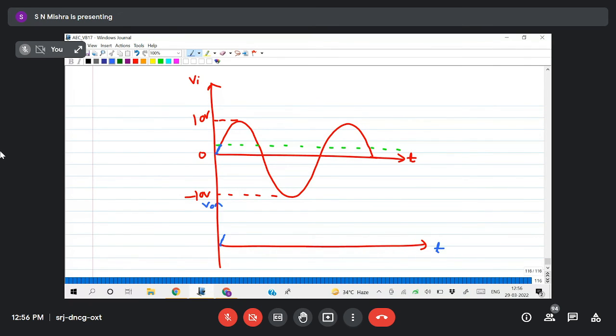Simultaneously I am drawing the input as well as the separate output. As soon as your input voltage becomes more than 2 volt, 2.1, 2.2, 2.5 like that, the output voltage remains constant, until this point.